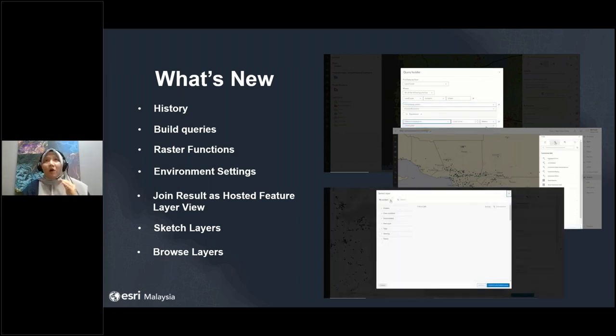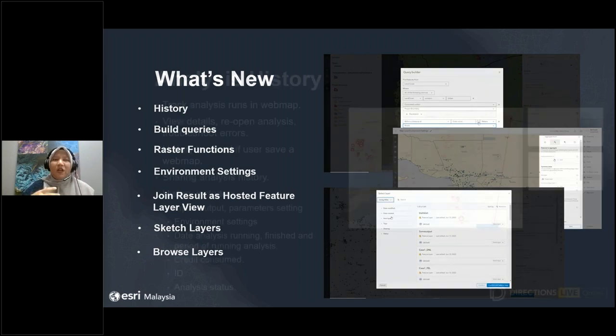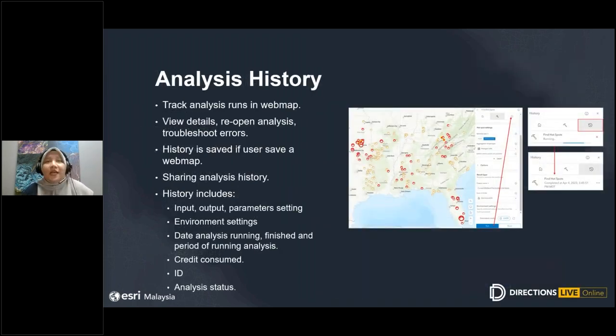Okay, so apart from all this new stuff, I'm going to talk a bit on the analysis history. This analysis history is a new thing that we don't have in the Map Viewer Classic, and we do have in this Map Viewer. We use this analysis history to track analysis that runs in our web map.